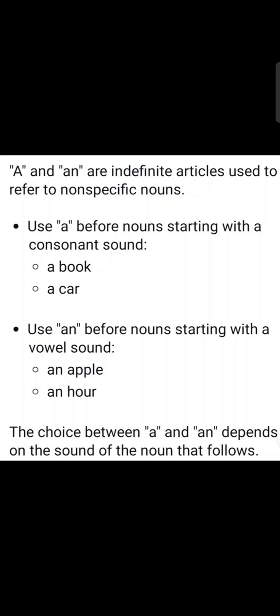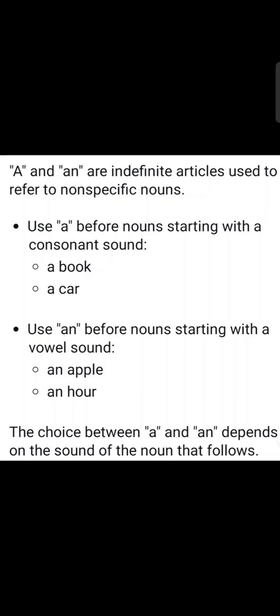Now let us understand about the use of an. Here an is also used before a singular noun, but similar to the consonant sound effect on a, here the vowel sound effect on an will work. So here is a word that is apple. Apple is singular in number, and here A is a vowel.